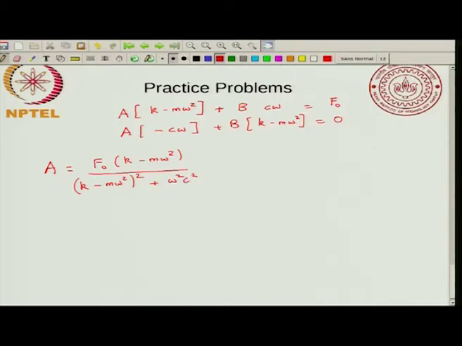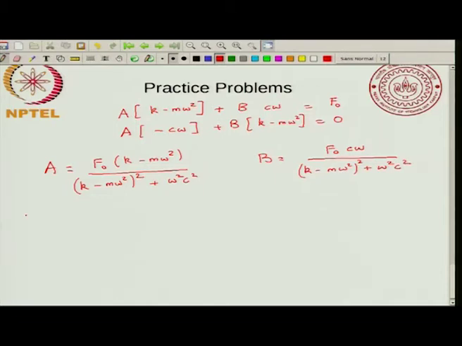This is the determinant of the matrix that describes the system. And b is equal to f0 c omega divided by the same term in the denominator. Now you have the particular solution.